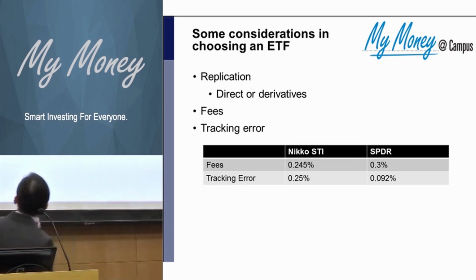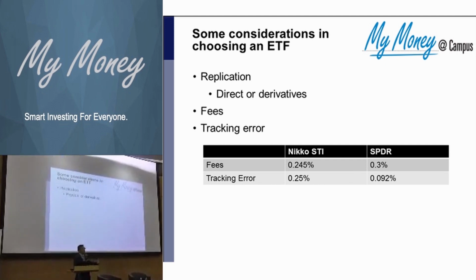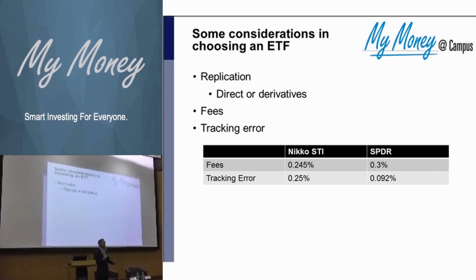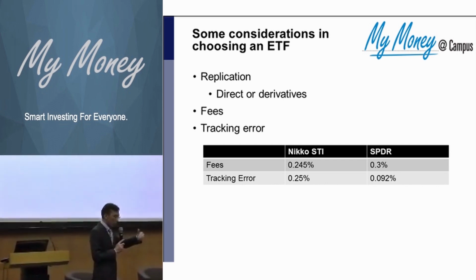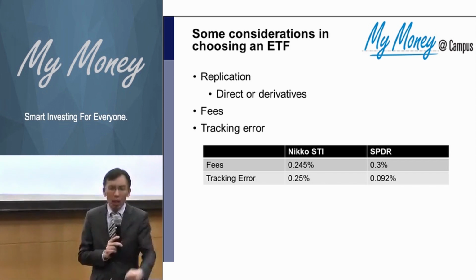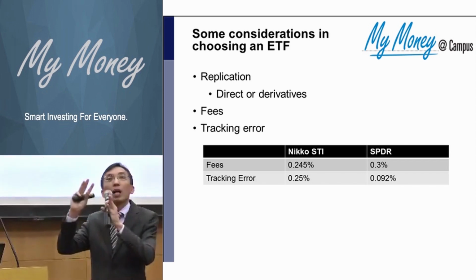Now, I just want to quickly say a little bit about ETFs. No time again, but please research a little bit. Understand that there is a difference between physical and synthetic or derivative-based ETFs. Physical replication, if I explain it very simply, and it is not 100% accurate, the people who are in investments will probably cringe and be very angry with me, but imagine that an ETF is a company listed on the stock market.